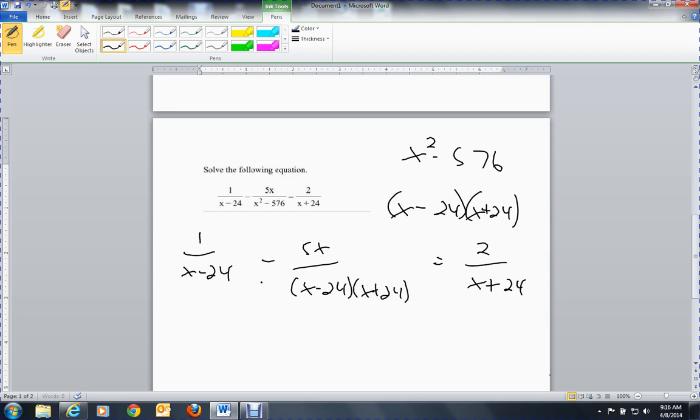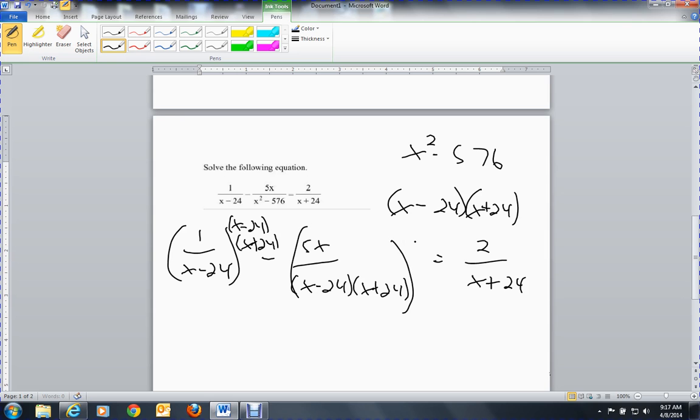LCD has to have one x minus 24 and one x plus 24, because that's the most I have for any of them. So I'm going to multiply by x minus 24 and x plus 24. All three of them. What you do to one, you got to do to all.